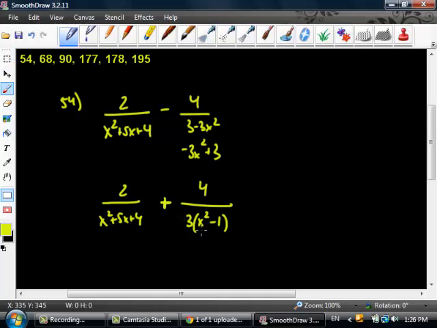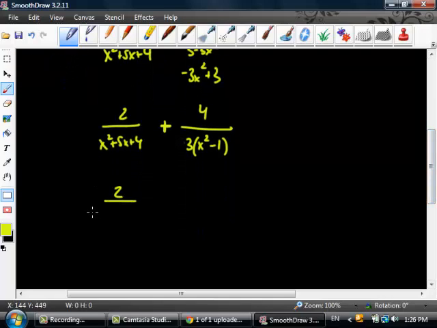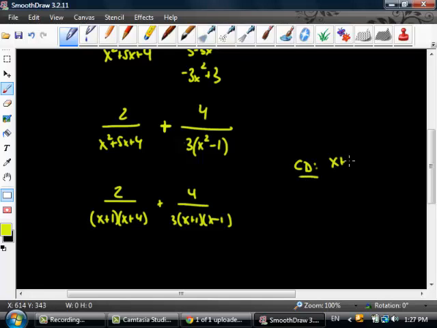Cool. Okay, so now I'm going to go ahead and factor everything. So this is 2 over x plus 1 times x plus 4 plus 4 over 3 times x plus 1 times x minus 1. I need a common denominator here, which is going to be x plus 1, x minus 1, x plus 4, and all of that by 3.